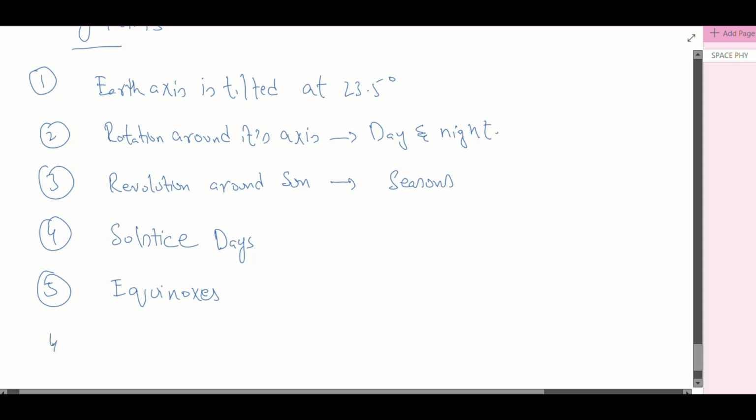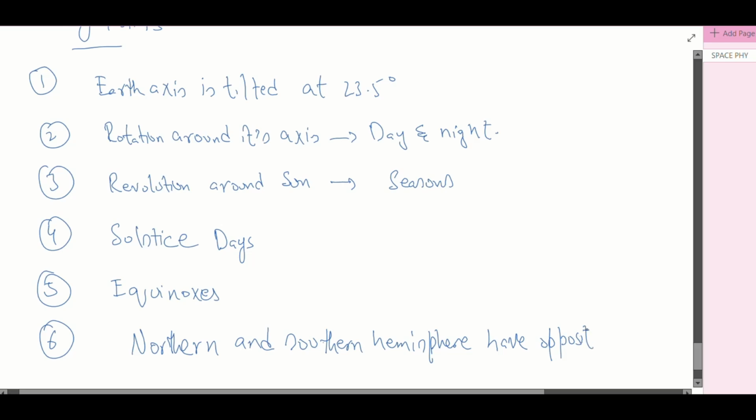And the most important thing that you should keep in mind: the Northern and Southern Hemispheres have opposite seasons.